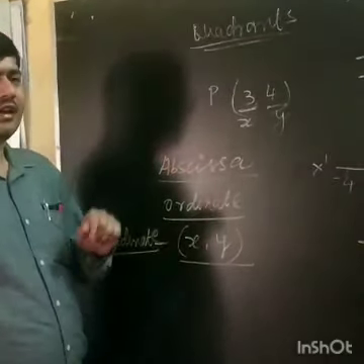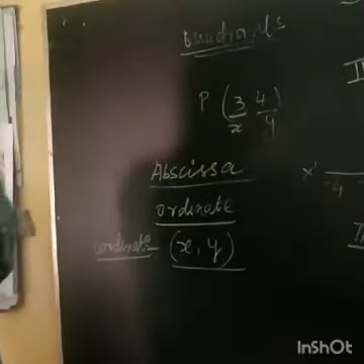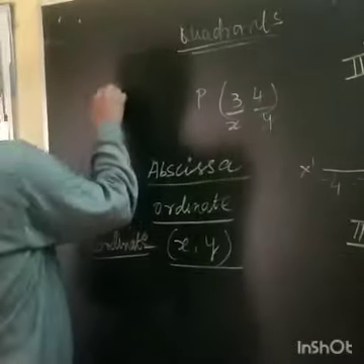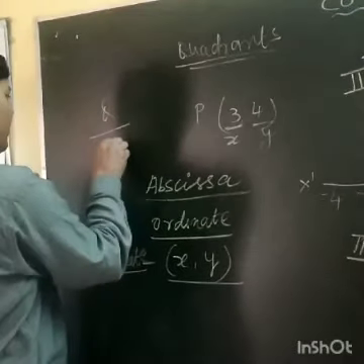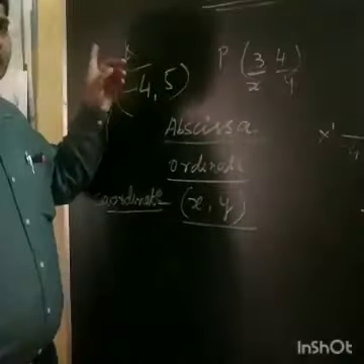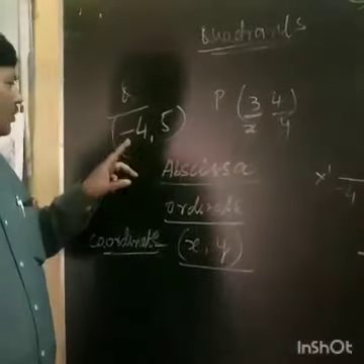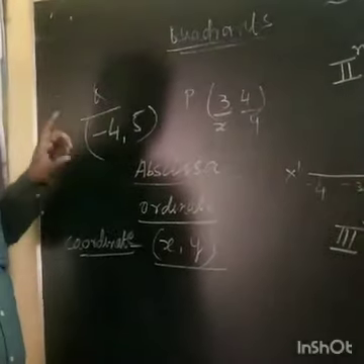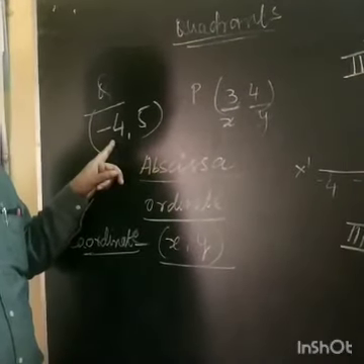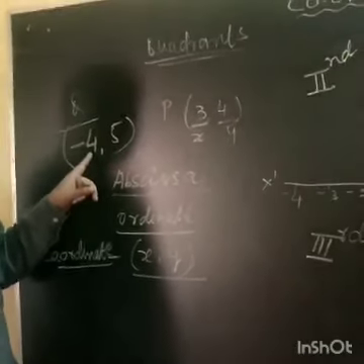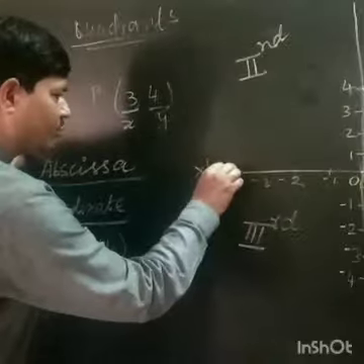Is it clear? Now, suppose we have to locate Q, the point (-4, 5). Can we locate it? This is the abscissa, -4. That means on the x-axis the distance is -4. Let it be this point.